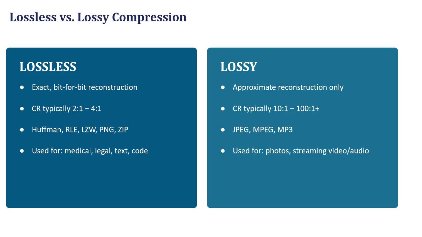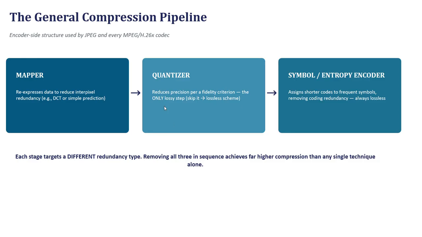But in the case of lossy, where I go for a higher range of compression, some kind of loss of information might be seen. So in the quantizer, I'm trying to reduce precision, which is a lossy step. And then there is the symbol or entropy encoder, which gives short codes to frequent symbols, removing coding redundancy.